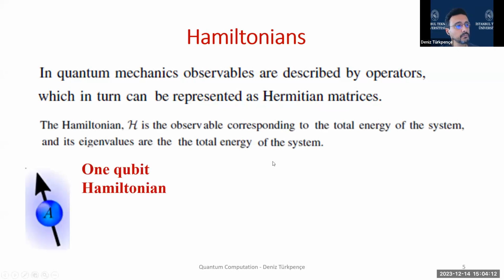Okay. Now consider an electron spin or just a 1 qubit quantum system, the simplest possible quantum system that we can see. Such a quantum system can have, for example, a spin Hamiltonian. In the previous lecture, we talked about the spin operators. So this is a spin operator S_z, and this is omega.